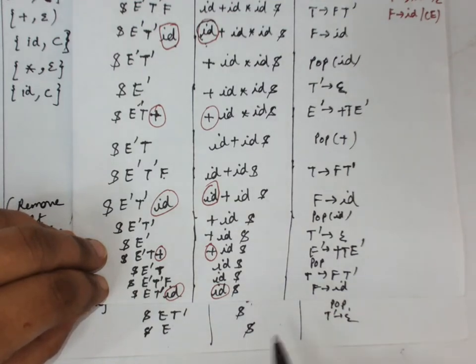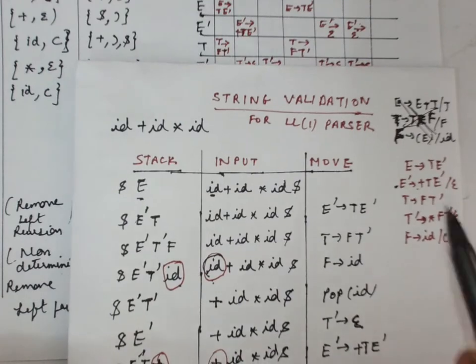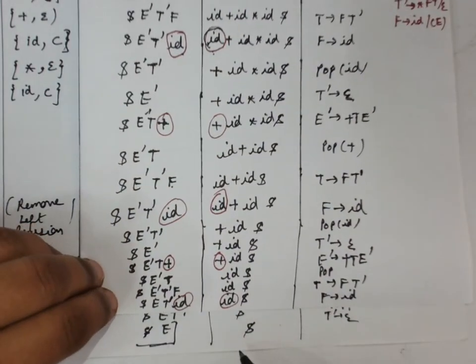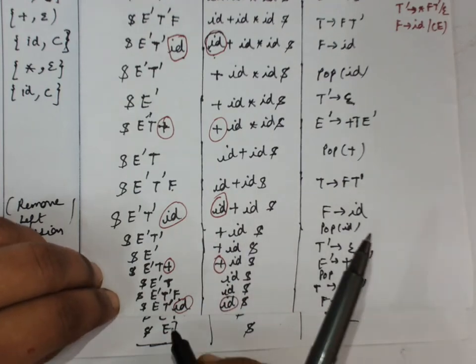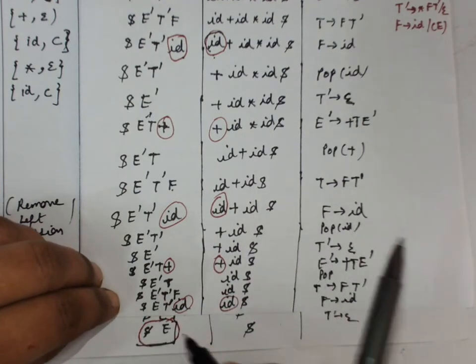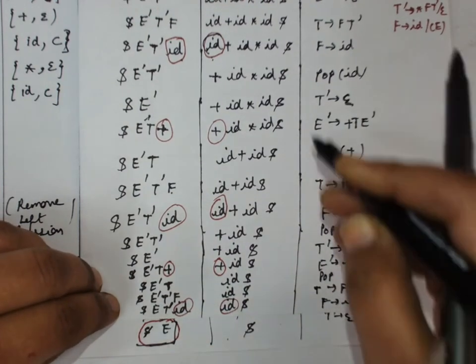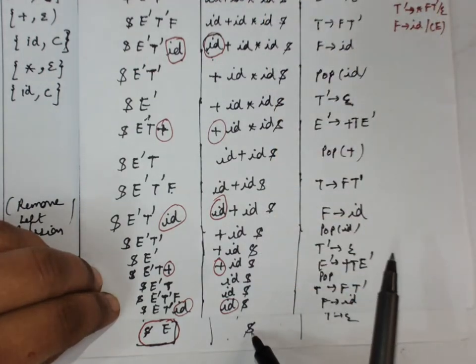When we get the starting symbol E, and this is dollar, that means E and dollar is nothing. We started with E and again we get this E over here, and there is nothing left in the input string. You can see we got the end of the string.